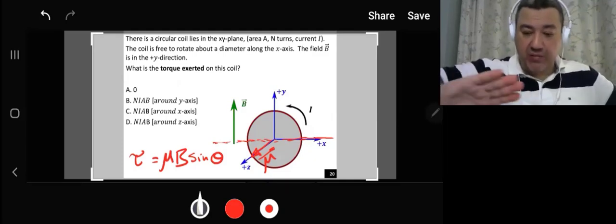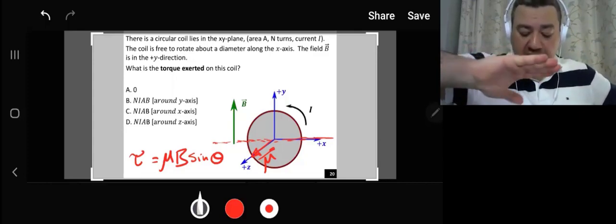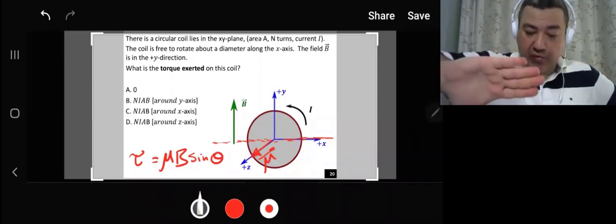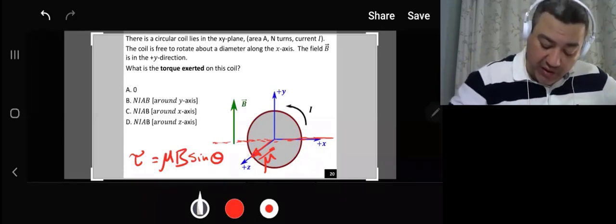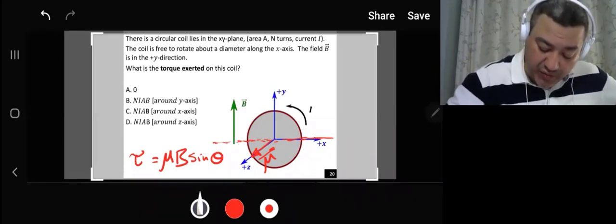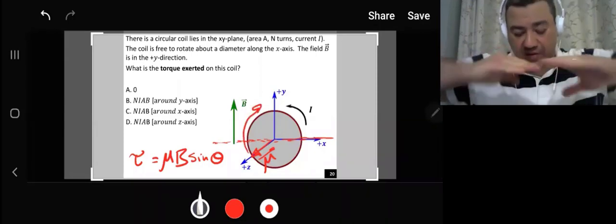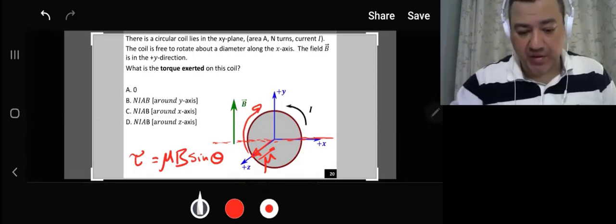So this coil will rotate such that the magnetic dipole moment aligns with the magnetic field. It will rotate this way. So yes, the direction of the magnetic field does matter.